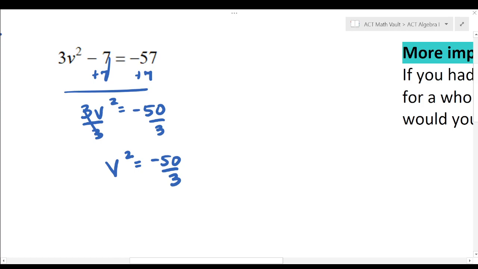So that's why I chose this one for my harder problem. Okay, I'm doing the same steps as the other one. I need to square root both sides here. And I also need to not forget the plus or minus. But how on earth am I going to simplify a negative fraction under a square root?